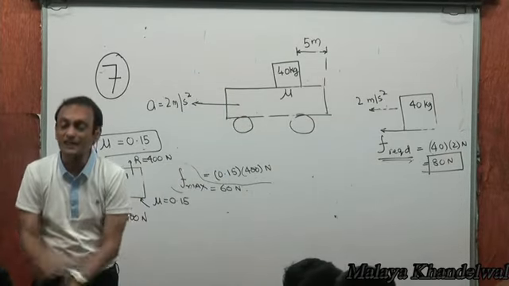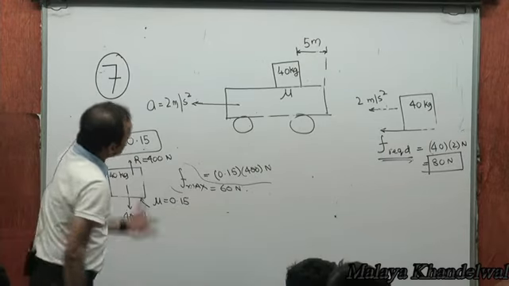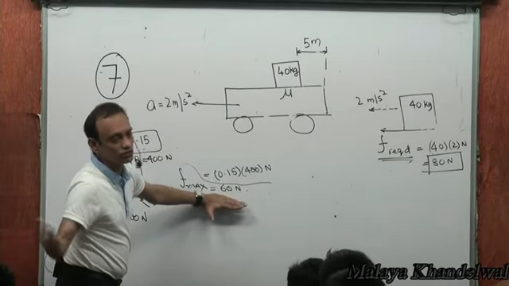Therefore, there is going to be relative motion between the block and the truck. Right? Frictional force required is 80 newtons, maximum available is 60 newtons. But 80 newtons is not available.